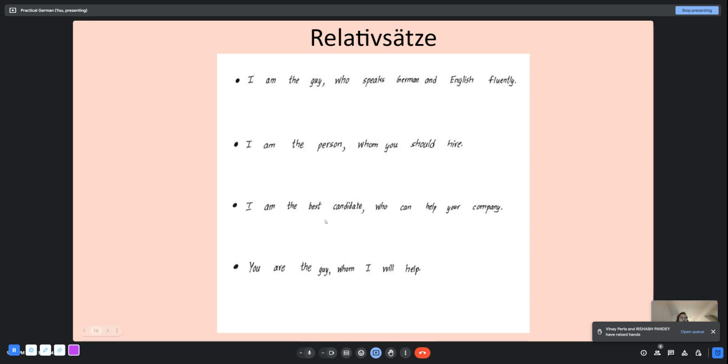Rishabh: "Du musst einstellen." No, I think you are just guessing now. "Must" is for "have to", so you cannot say that. You have to say "sollen". How do you say "to hire"? "Einstellen." Yes.